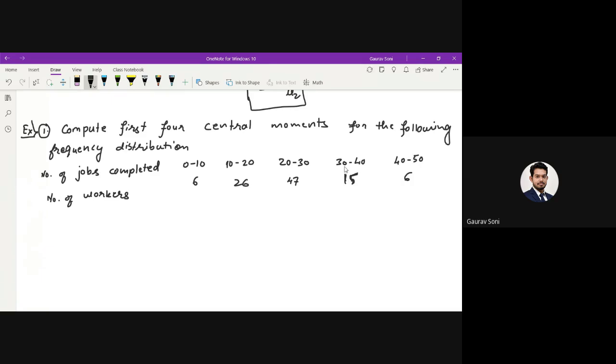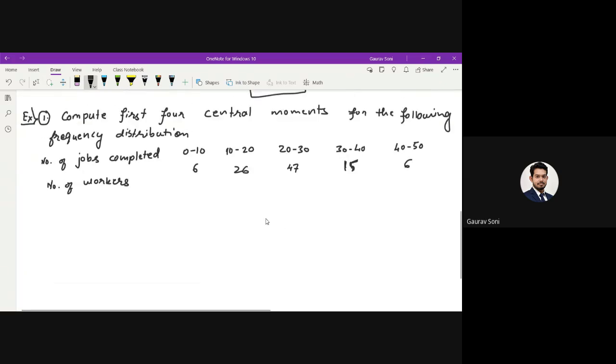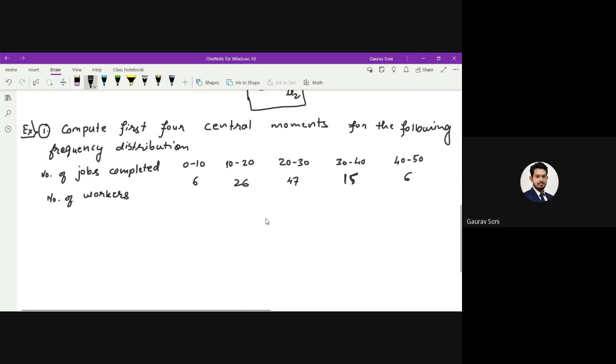What should we do now? One way is straightforward. What is the straightforward way? Anyone?